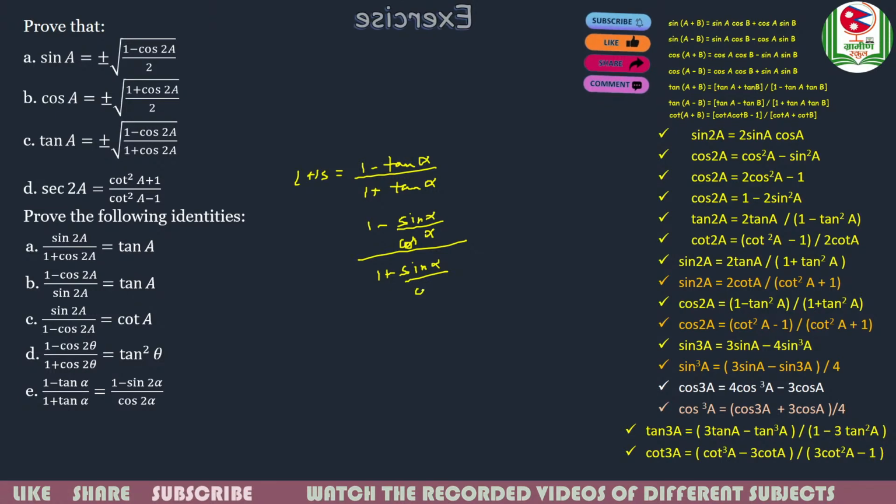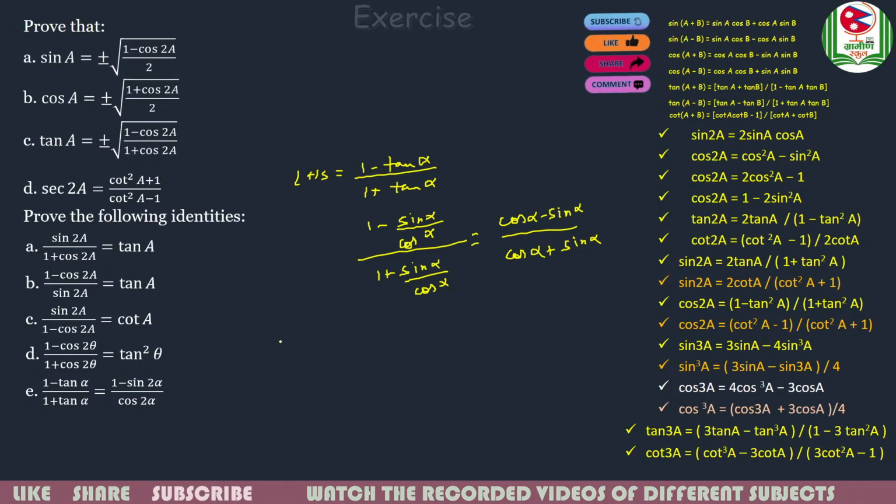Okay, so here it is going to be cos alpha minus sin alpha upon cos alpha plus sin alpha, and cos is cancelled out.